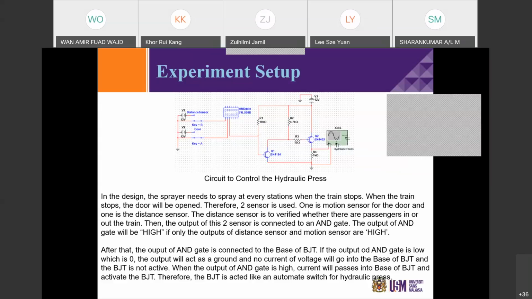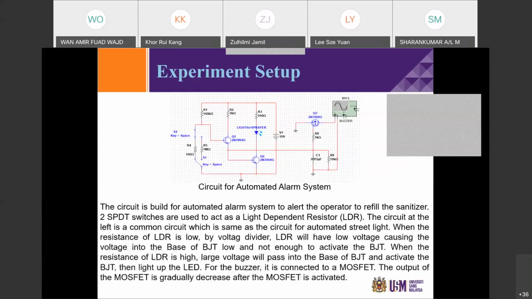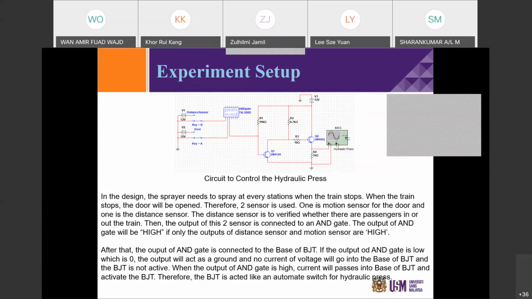When the output of the AND gate is high, current will pass into the base of the BJT and activate the BJT. Then the BJT acts like an automated switch for the hydraulic press.